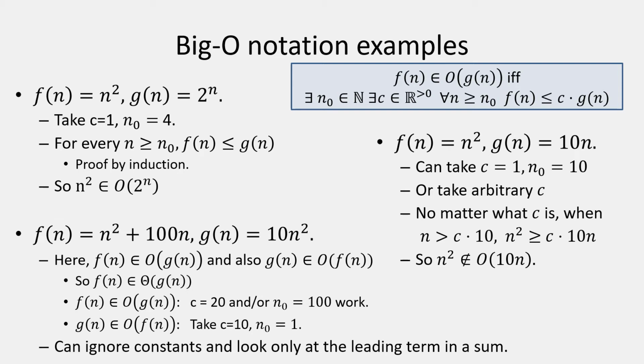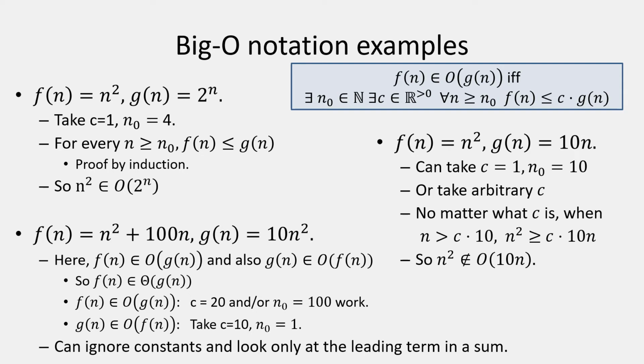So first, we need to show that f is in big O of g, and we could take, for example, c equals 20. 20 times 10 is 200. That's enough for g times 20 to be bigger than f.